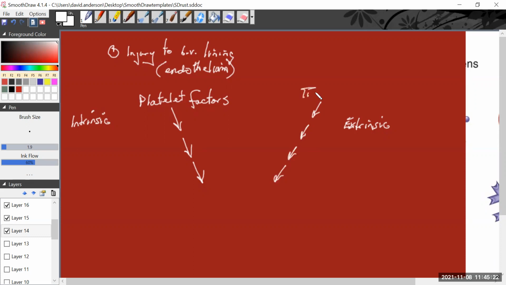So these would be tissue factors. So I'm purposely not giving you the factors, okay?